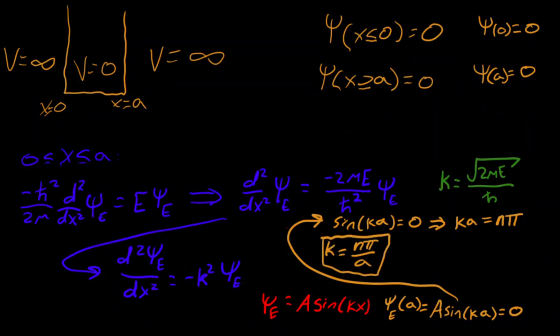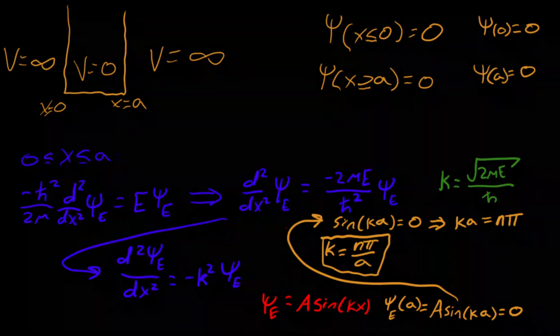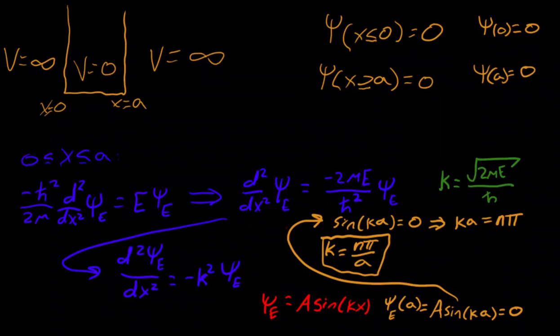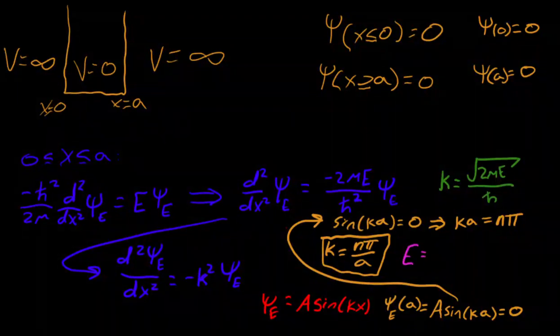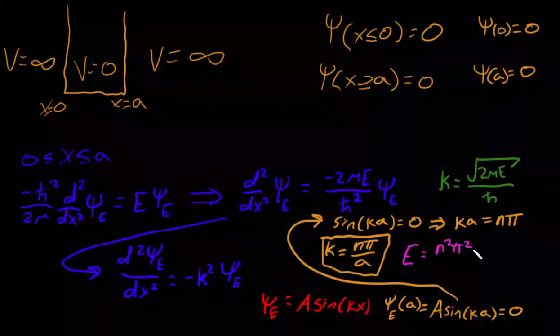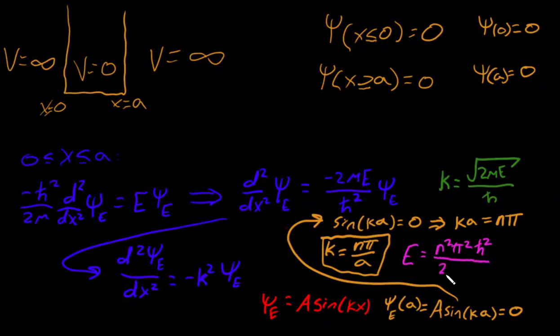And if we plug that back into our equation for k, square both sides, and do the algebra, which hopefully you can do on your own, and solve for the energy E, we will get that E equals n squared pi squared h bar squared over 2 m a squared.